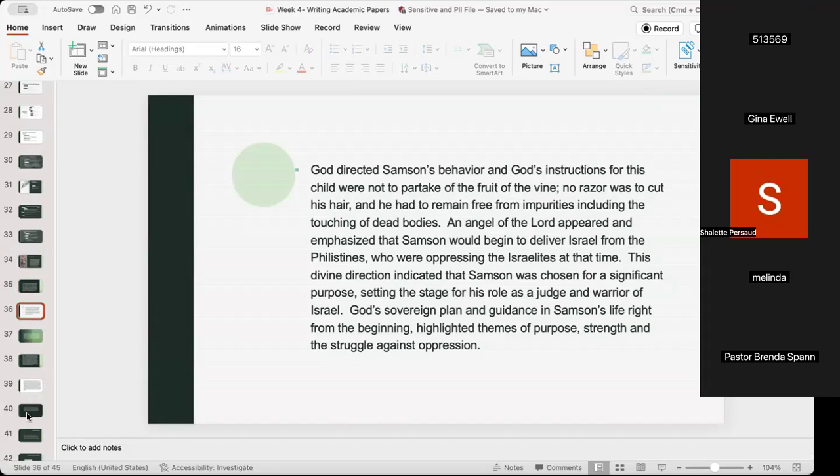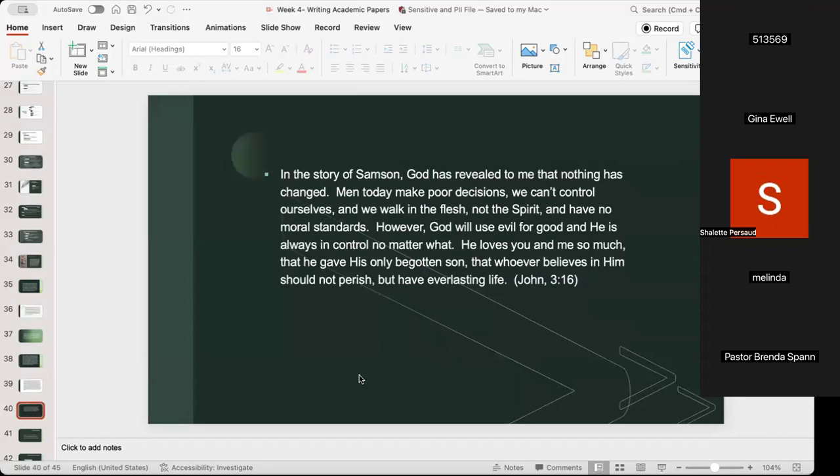And then, of course, it ended with this passage about Samson. And then there were some opinions, not my opinions, but whoever wrote this, that person's opinions in here about how God revealed to me that nothing has changed.